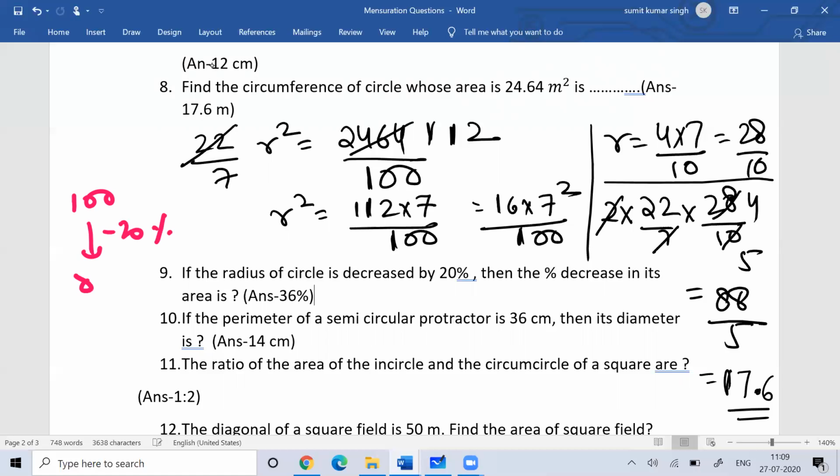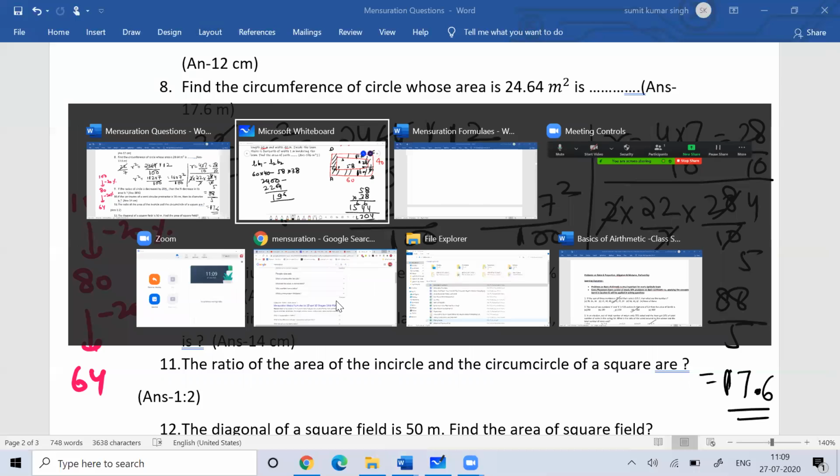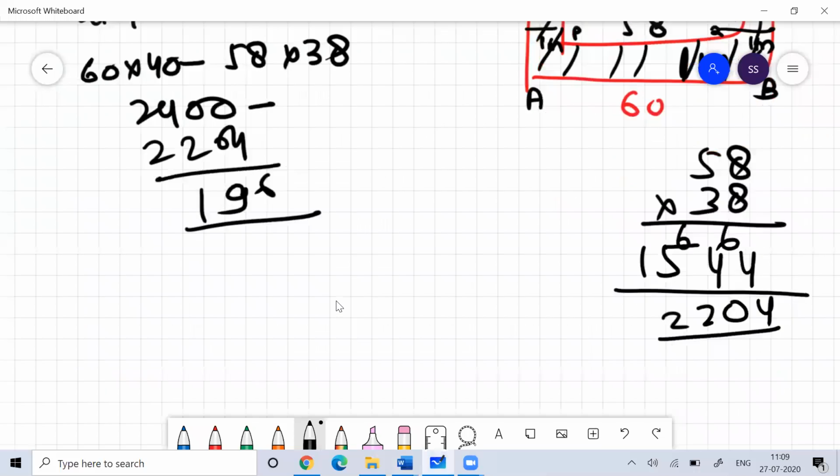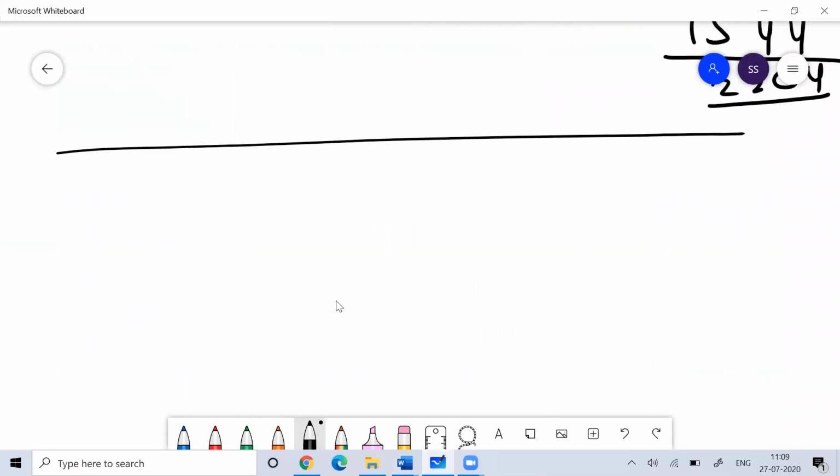So 100 if you decrease by 20% becomes 80, again decrease by 20% it becomes 64. So what is the decrease? 36%. Like that you can do, but many people don't like this. Or you can apply successive percentage change, x% plus y% plus xy by 100%. I think many people won't understand if they are not good in percentage. So I'll not do it like that.